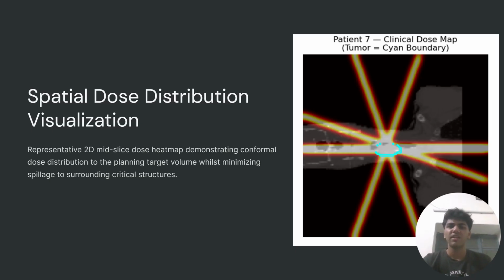This reflects a clinically desirable behavior: we want to deliver enough dose to guarantee tumor control, but at the same time minimize radiation exposure to critical organs nearby. This type of visualization is important because numerical metrics like D95 and OAR doses only tell part of the story. Spatial maps let us visually confirm treatment quality and ensure the dose is delivered in a physically meaningful, clinically safe way.